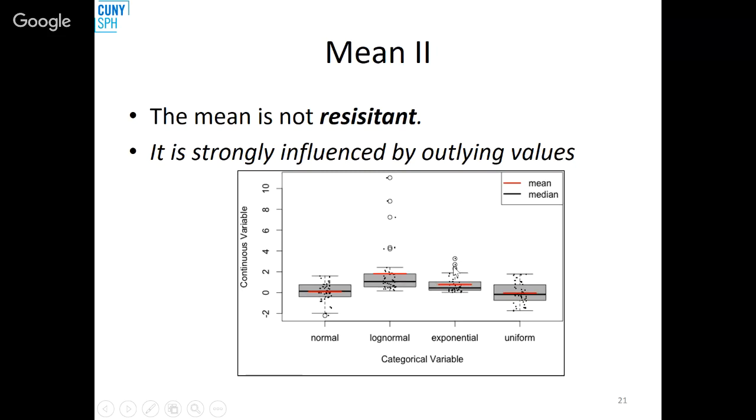It's not nearly as extreme, but you can still see evidence of skew here, both because of the outlying values above the top whisker and because this mean is shifted away from the median. So anytime you see a difference between the mean and the median, it's evidence either of outliers or skew, because the mean is influenced by outlying values.